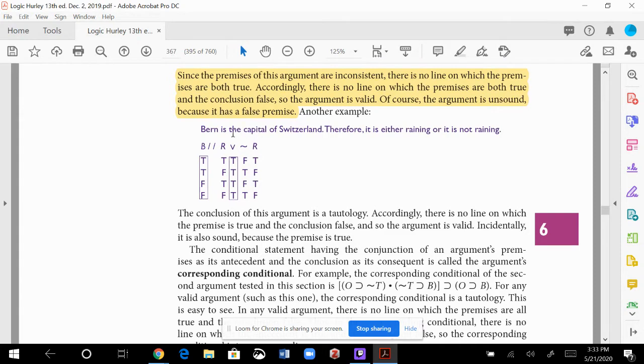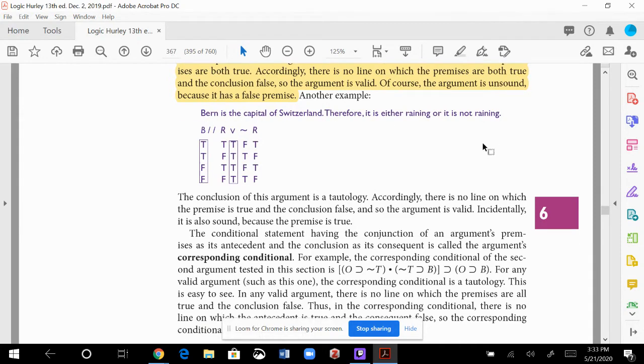But it's supposed to be forced on us. If we grant this is true, this is going to be true. But he says, incidentally, it's also sound because the premises are true. So when we have true premises, the conclusion's true. What's he say? Let me see. Accordingly, there's no line in which the premise is true and the conclusion's false. Oh, that's right.